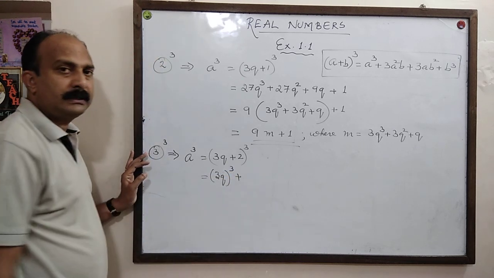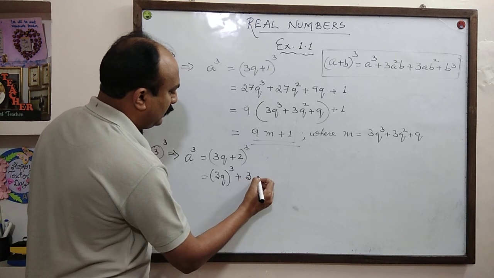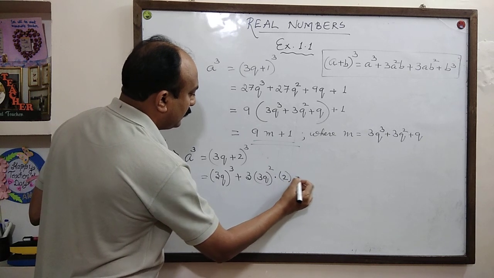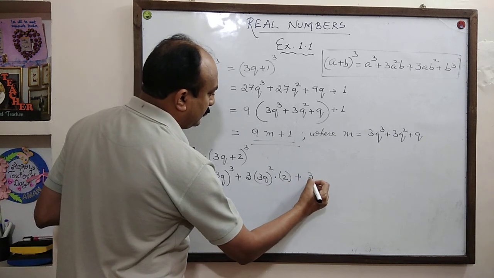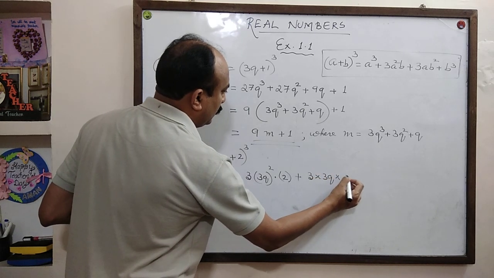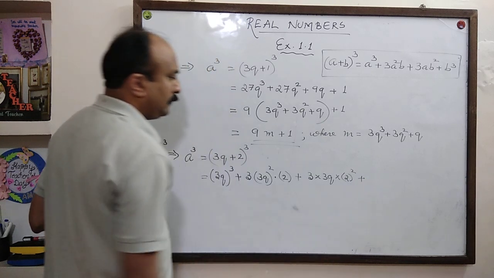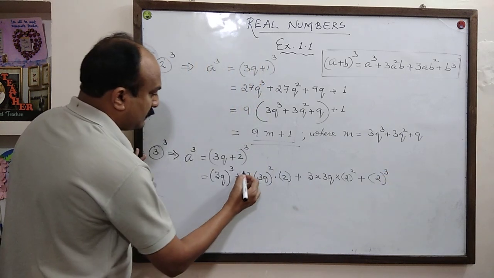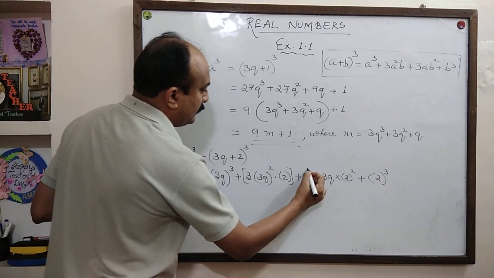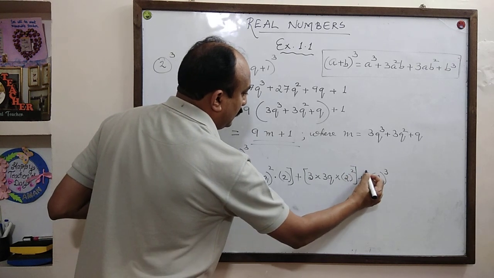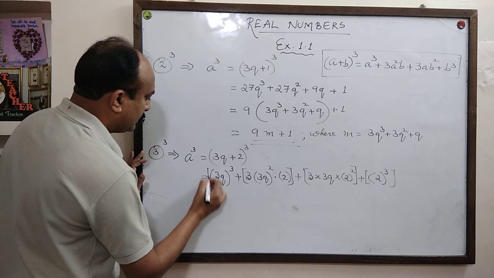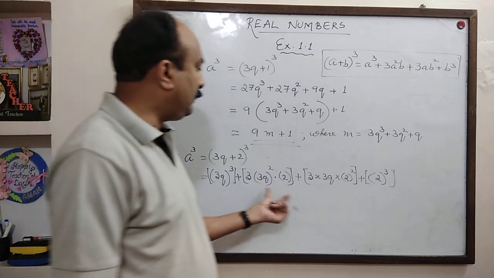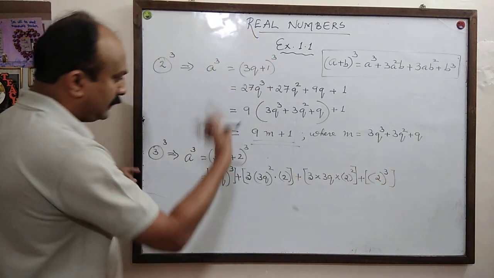First term is a cube plus 3 into a square into b plus 3ab square, 3 into 3q into 2 square plus b cube, that is 2 cube. So this is a cube, this is 3a square b, this is 3ab square, and this is the last term. Okay, a cube, 3a square b, 3ab square plus b cube. Now expand.